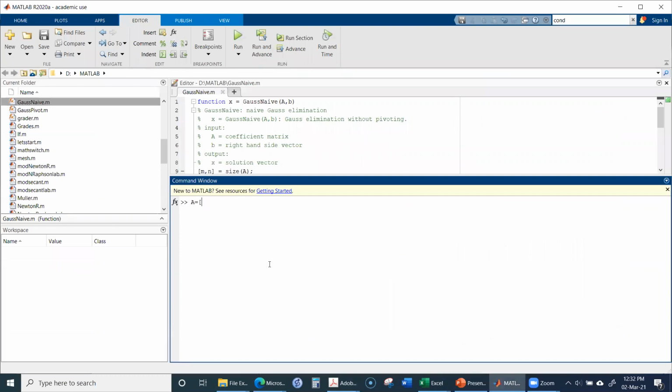Sorry, I have a question. In the slides, it says that one of the problems of Gauss naive and the other elimination processes is the division by zero. So the only way to fix the division by zero is increasing the number of significant digits? In the naive Gauss elimination, there is a chance for division by zero.